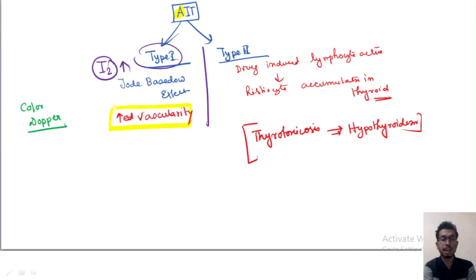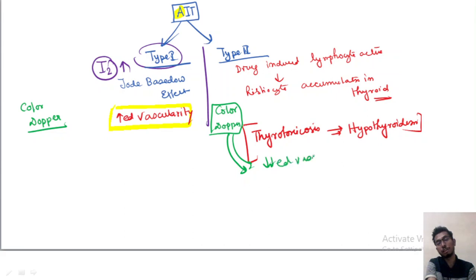In type 2, as histiocyte accumulation is leading to the damage of the thyroid gland, there will be decreased vascularity. Alright, obviously blood supply will decrease in the type 2 variety.